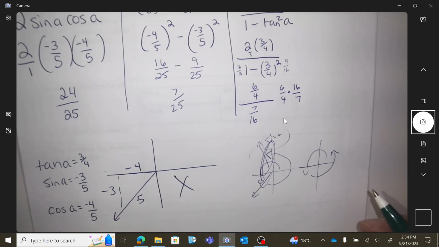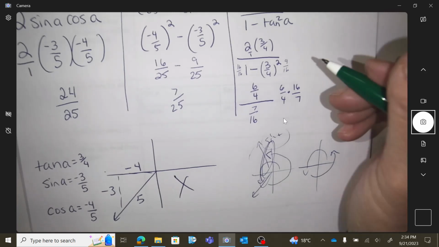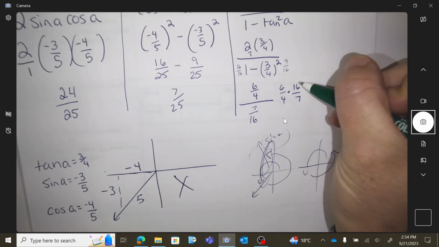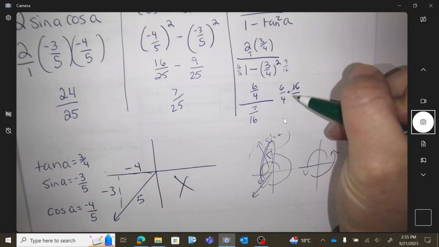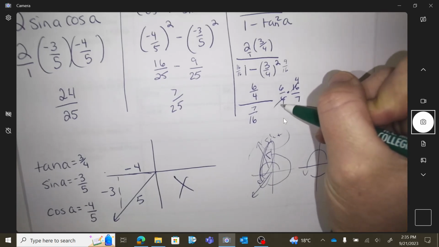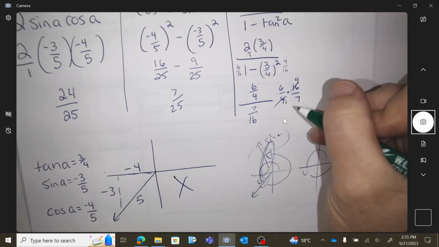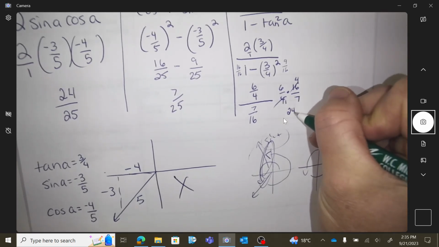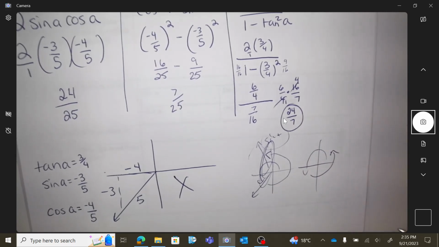Two fractions divide, flip multiply. Can I wipe this off? And this, replace with a 4 and a 1. So I got 24/7.